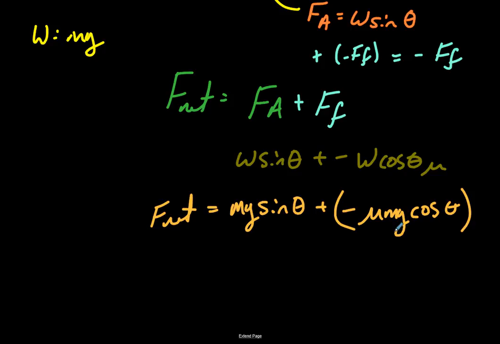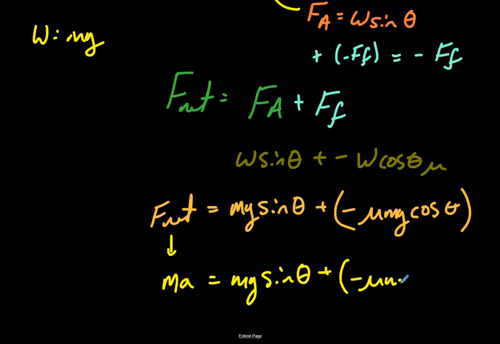Now, I haven't given you a mass. However, the net force is also the accelerating force. So the overall net force is equal to the mass times the acceleration, equals mg sine theta plus negative mu mg cos theta.